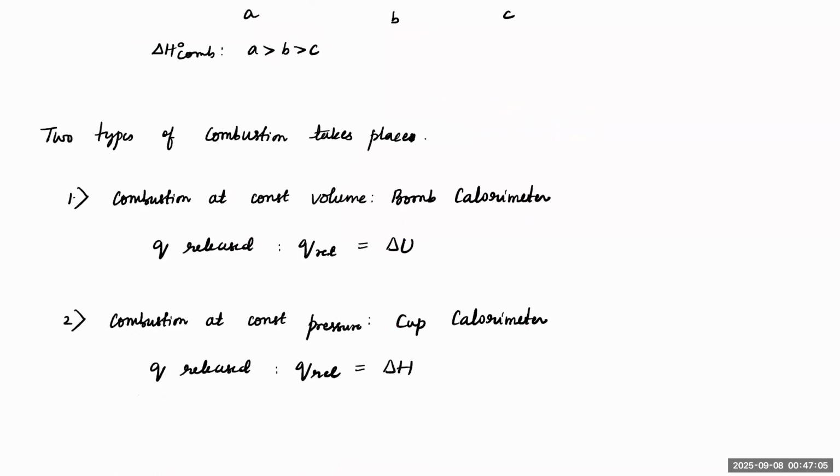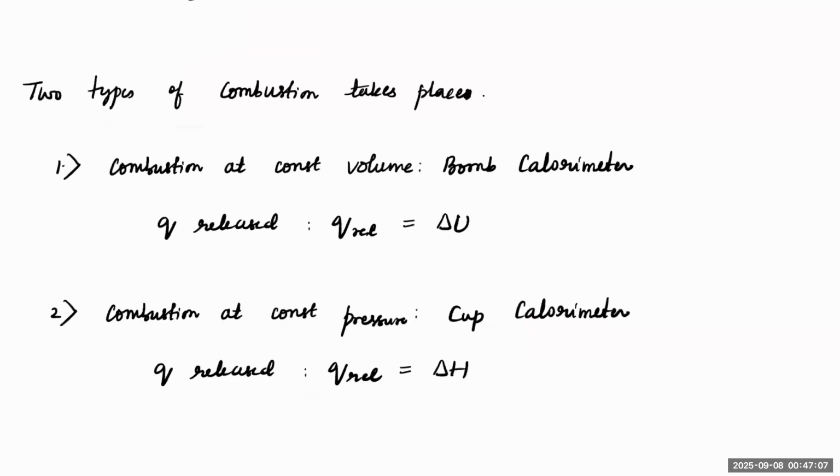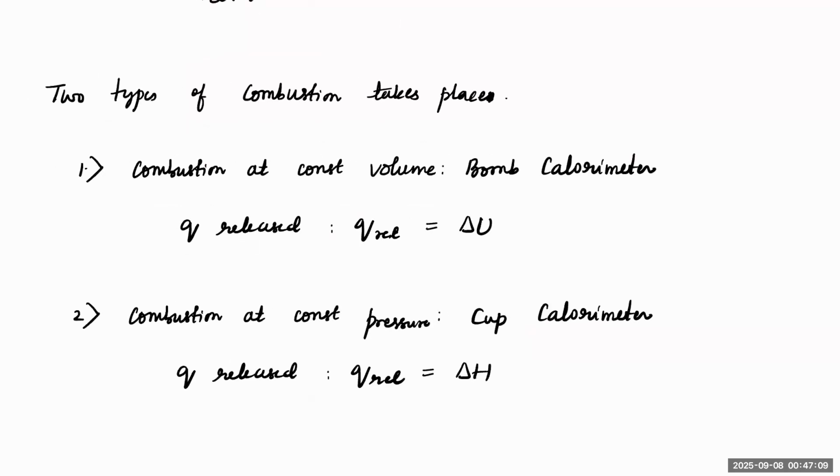Right. Now these are two important terms that are used while solving questions. If we are making combustion at a constant volume, that means you are heating an organic substance or any compound at a constant volume. Usually if you are using an instrument where the combustion is happening but the volume of the container is not changing, then that container is called a bomb calorimeter.